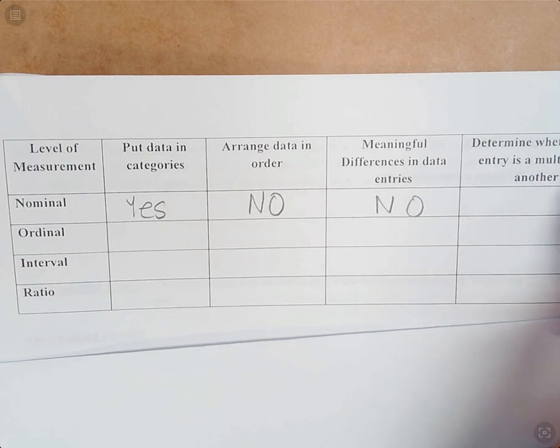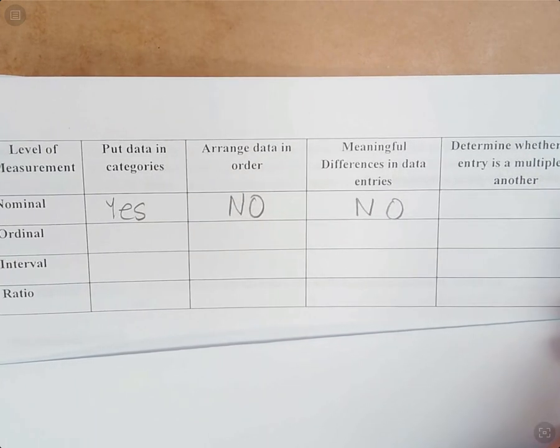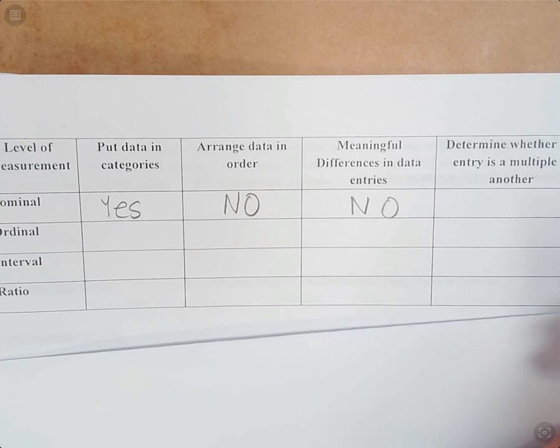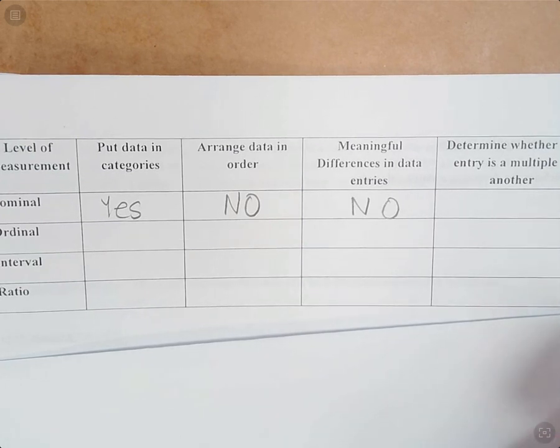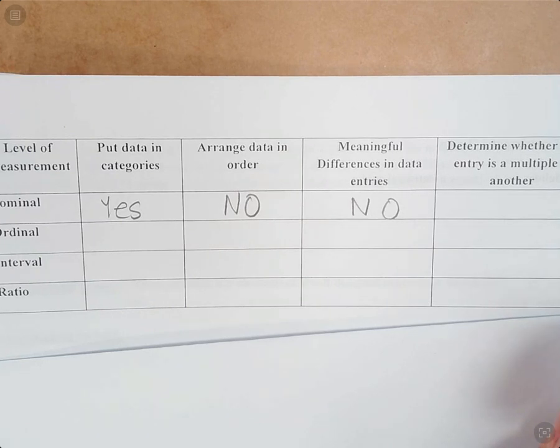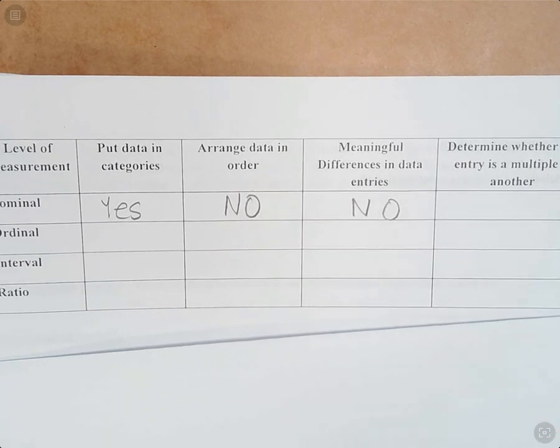Determine whether one entry is a multiple of another. So think about categories. We're talking about like eye color. Can you determine whether one is a multiple of another? No, but we're talking about blue eyes, green eyes. We're not talking about how many people.